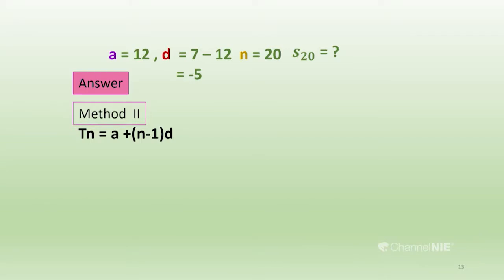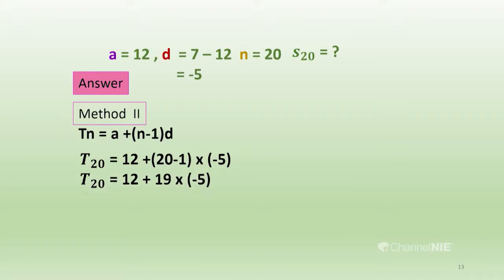Then we substitute those values. Here T20, because we have to find the sum up to the 20th term. So we have to get the sum of the first 20 terms. So, what will be the last term? The last term is the 20th term. So, we have to find T20. Then we substitute the values we know and find the last term, that is T20.